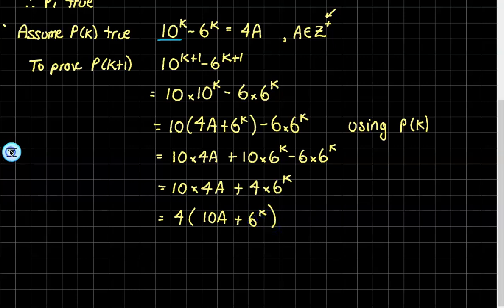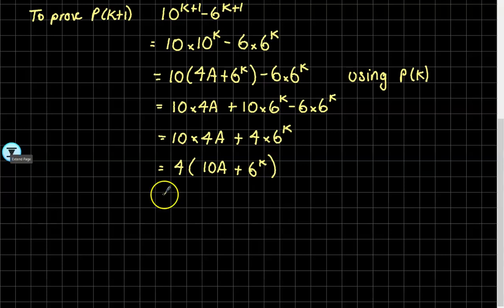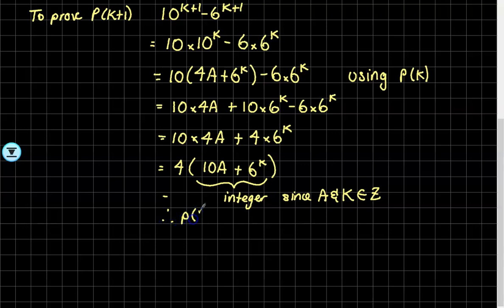I will very nicely say that this bit here is an integer since a and k are integers, therefore pk plus 1 is true, i.e. it is divisible by 4. And insert statement here.